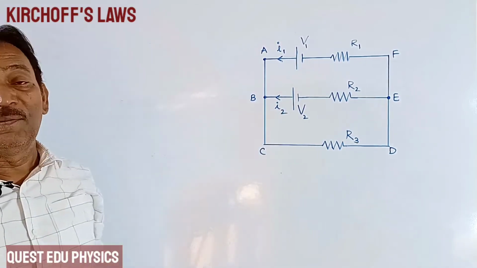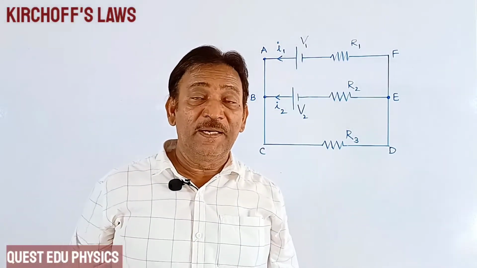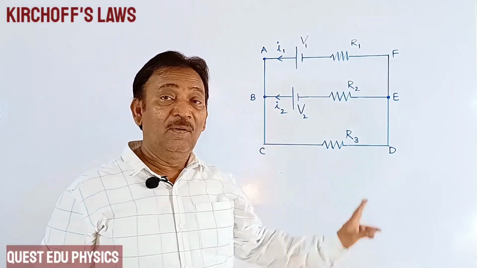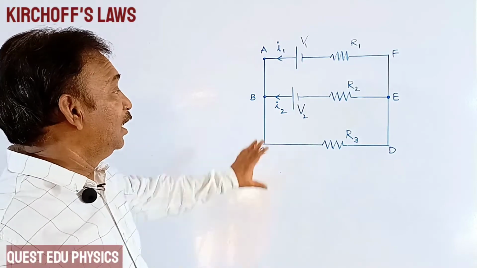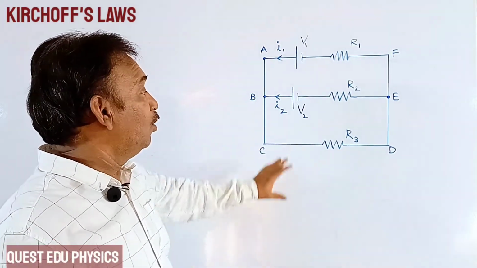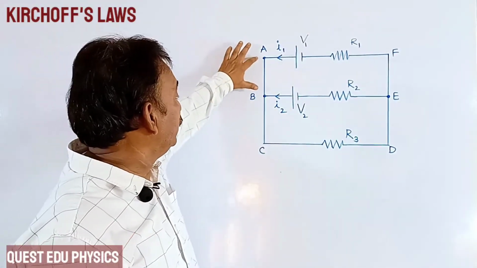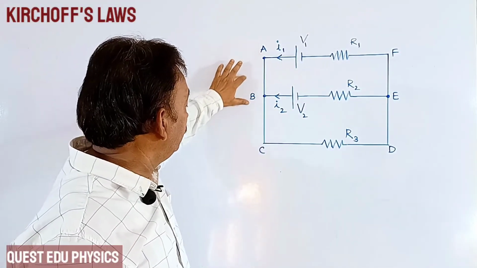Students, we have to write the equations by using Kirchhoff's voltage law from the circuit. If you watch carefully, you will find two loops.